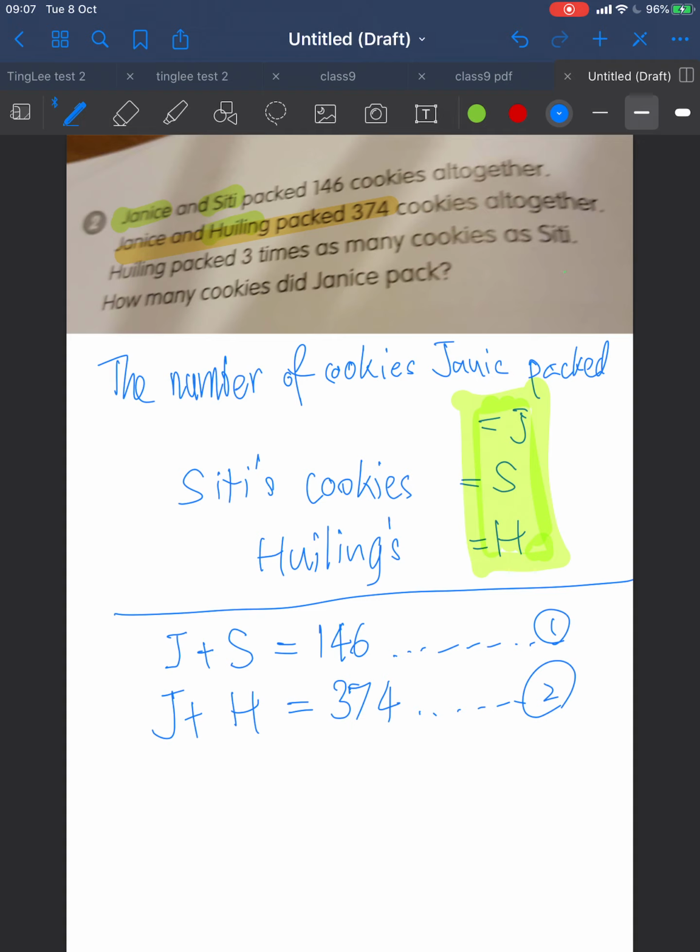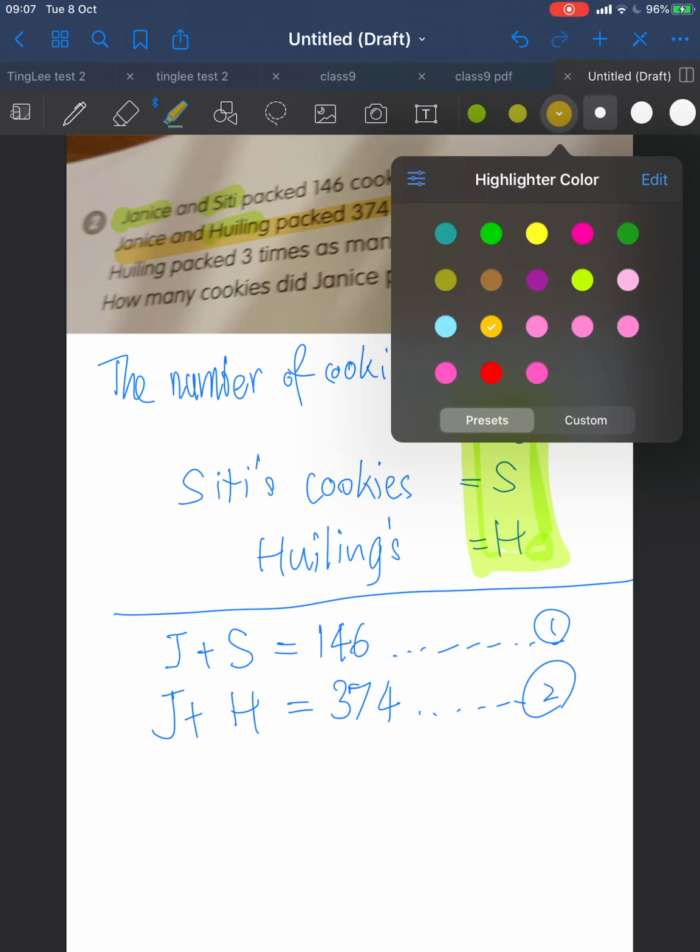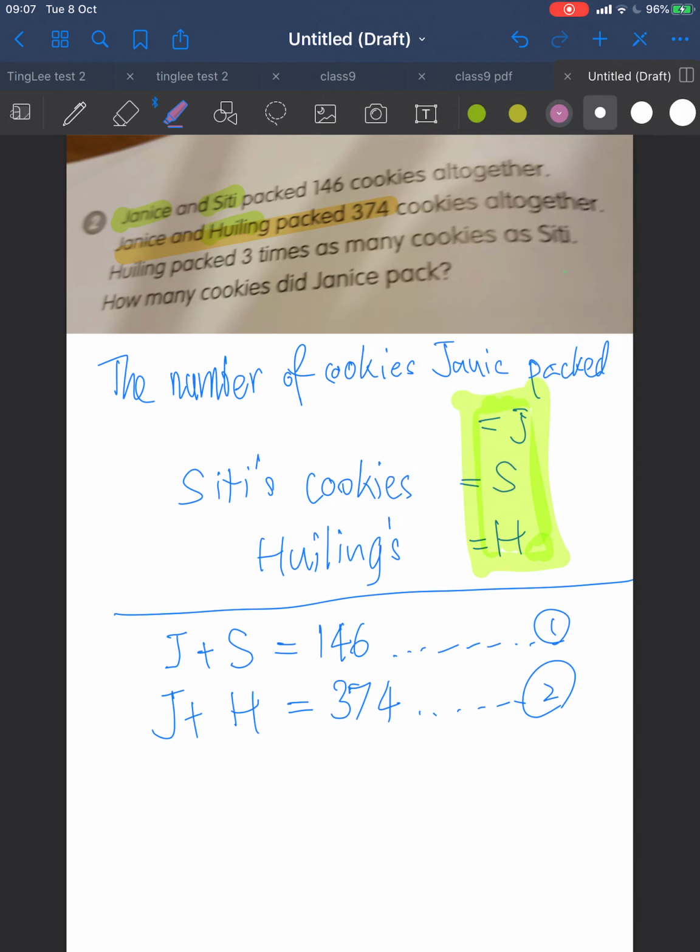And what about the third equation? We need at least 3 equations if we have 3 variables. The question gives us one more condition: Huiling packed 3 times as many as City.